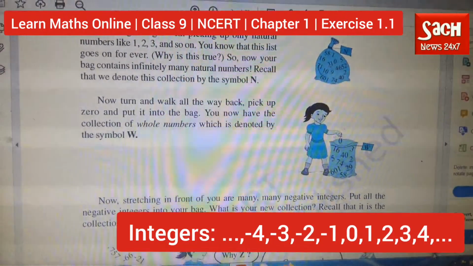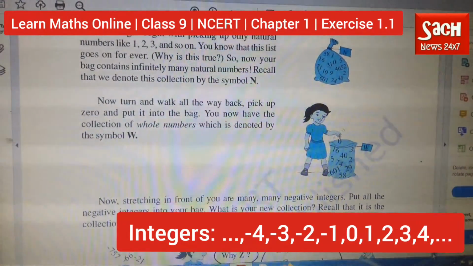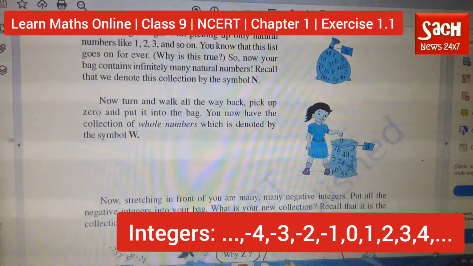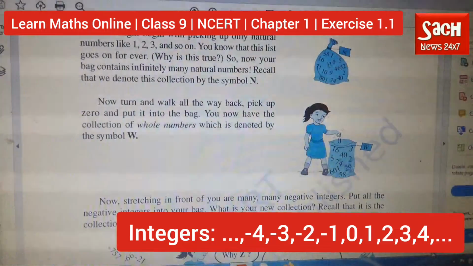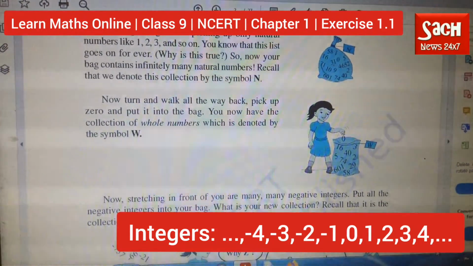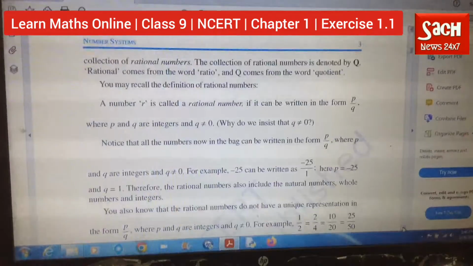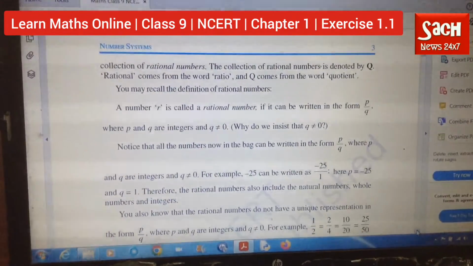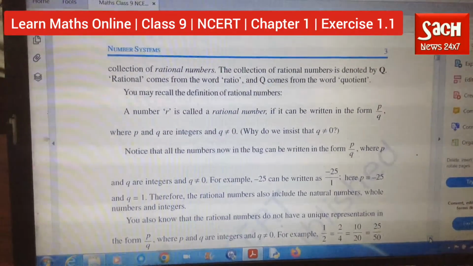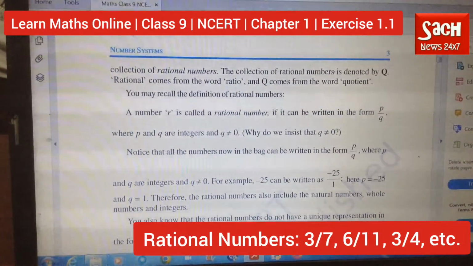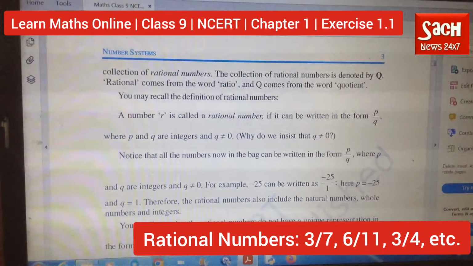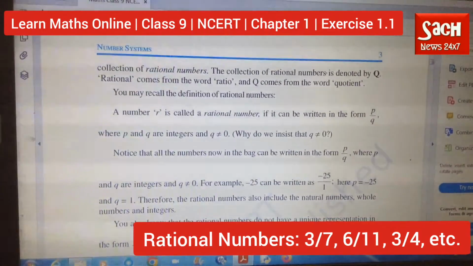So integers have positive as well as negative numbers, like -7, -6, -5, -4, -3, -2, -1, 0, 1, 2, 3, 4. Some numbers can be represented in the form p/q, like 3/7, 2/9, etc. All these numbers are called rational numbers. So what is a rational number?